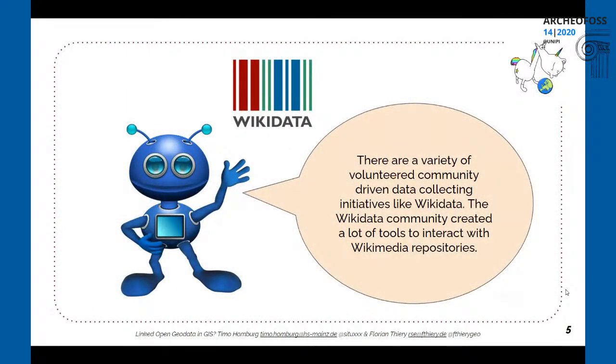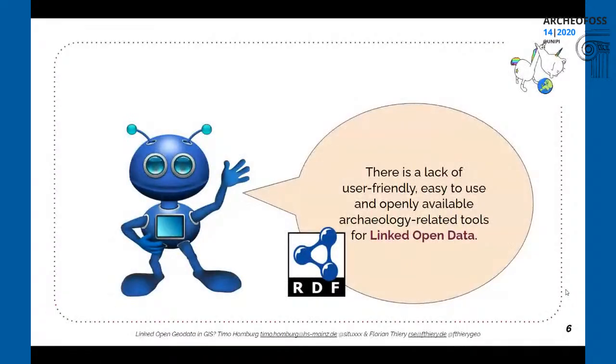And what we see in linked data is that there are a lot of repositories that you might use for archaeological purposes, for example, Wikidata or DBpedia or several others, as we will show further in the presentation. The problem is mainly, if you are an archaeologist or in the digital humanities area, that you really would like to use this data, but the access to linked open data is not so user-friendly or easy to use, even though it is openly available.